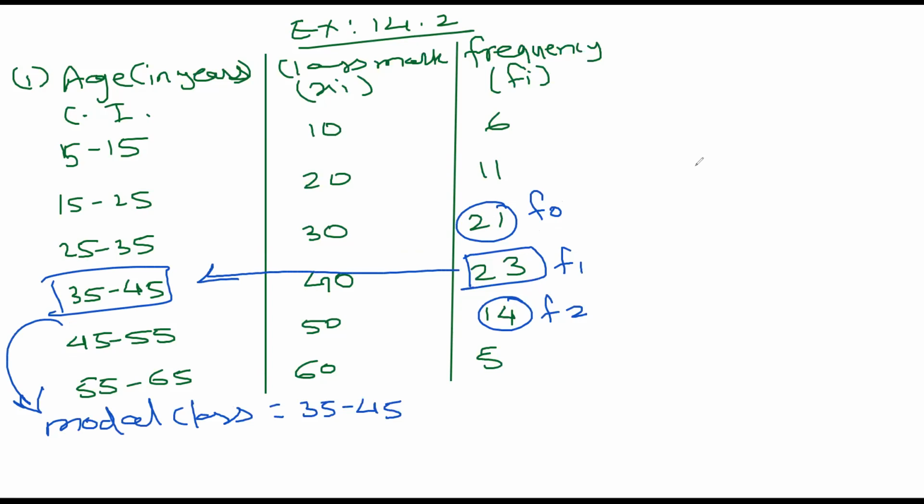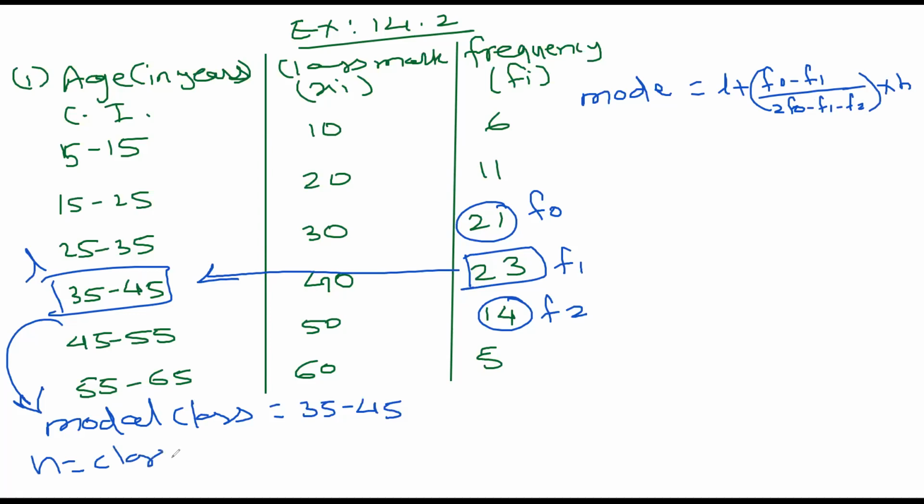Correct. And the lower limit of the modal class is 35. So formula: mode equal to L plus (f0 minus f1) upon (2 f0 minus f1 minus f2) into h. And class width or class size is 10, just 10.